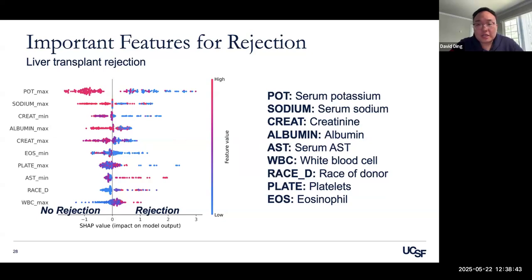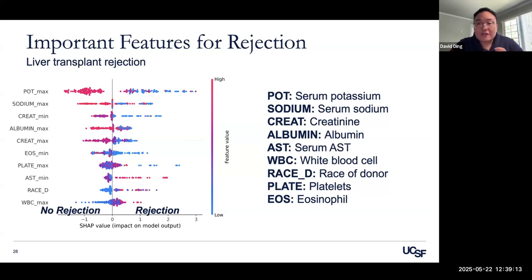The MELD score is actually calculated based on these important features as well, including the sodium and the creatinine. You can also find that these are among the top important features that we have identified for the liver rejection. So this also explains why we found in our preliminary experiments that the MELD score or the MELD sodium score has a very good indicative performance for liver rejection.